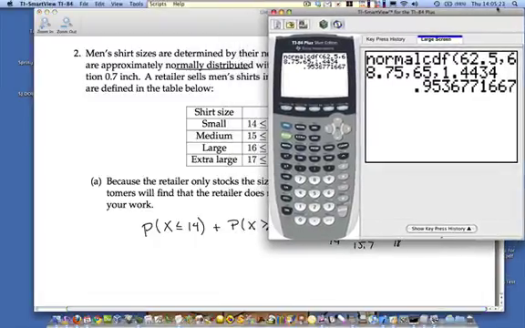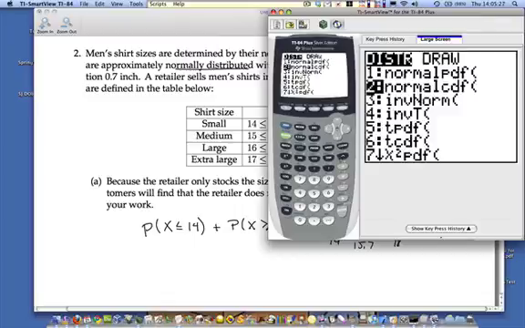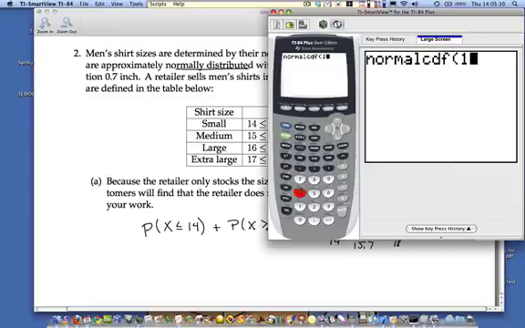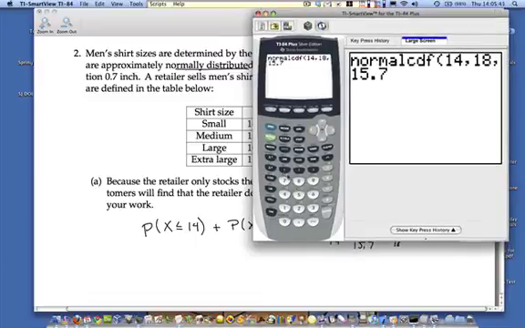So what I need to do is look at the normal CDF from 14 to 18 with a mean of 15.7. Let me just check that. Yeah, mean is 15.7 and sigma is 0.7.